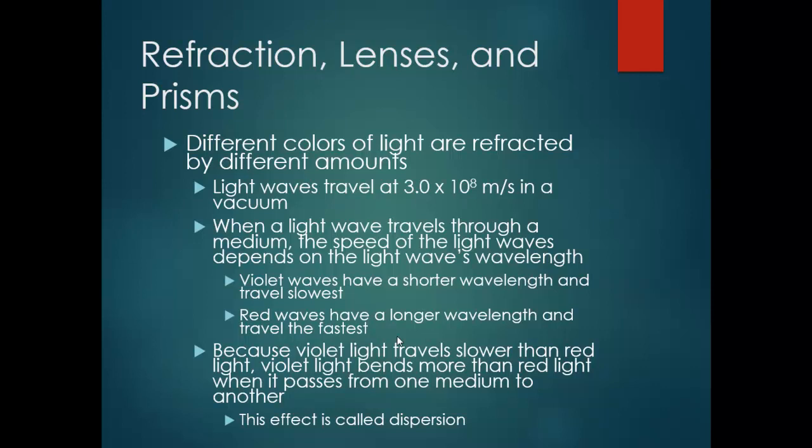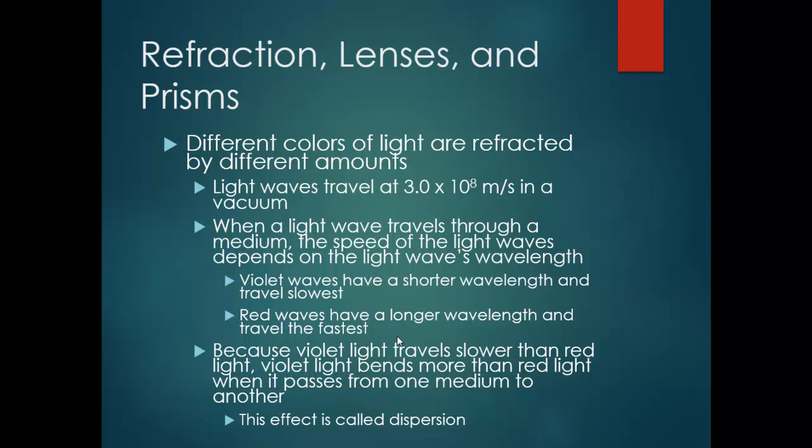When a light wave travels through a medium, the speed of light depends on its wavelength. Violet waves have a short wavelength and travel slow.